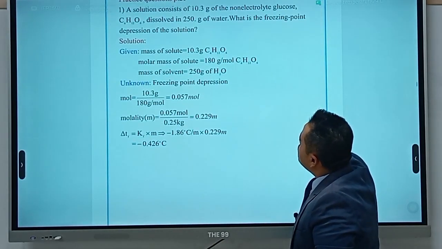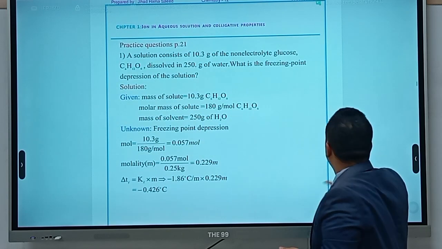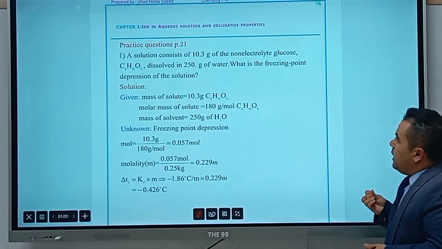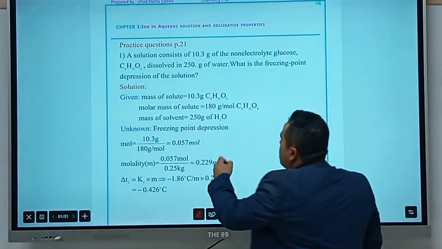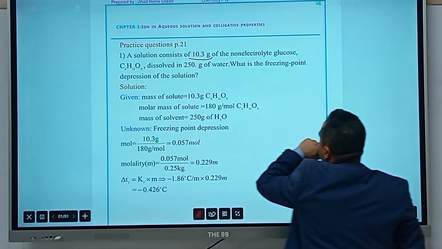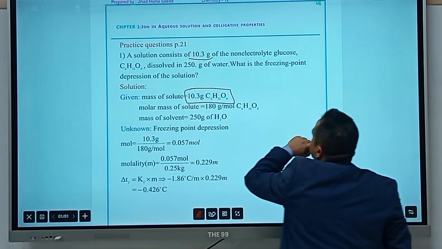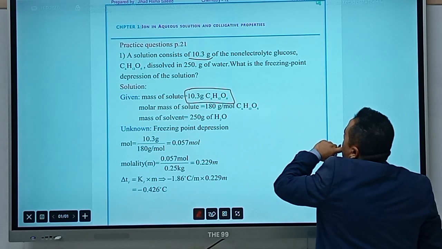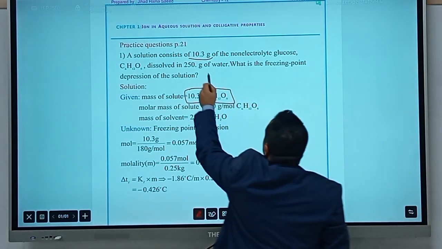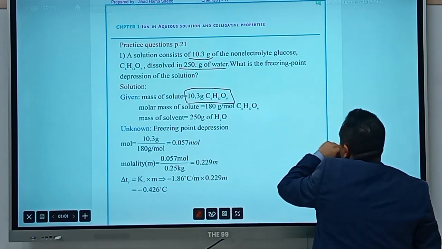Let us practice some questions, guys. Here we have practice on page 21. The mass is given in grams, so it's 10.3 grams. The other quantity given is the mass of the H2O, but it's in grams.